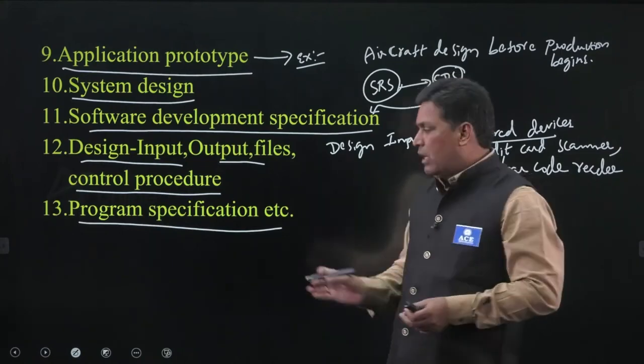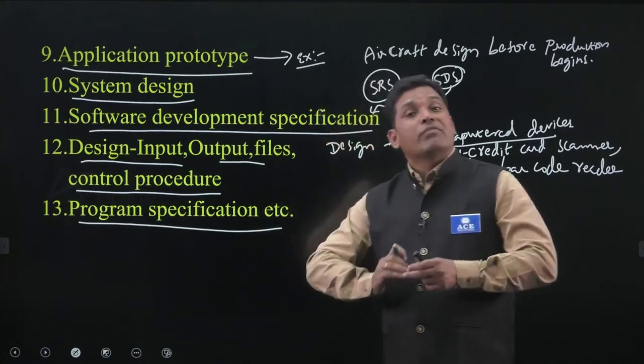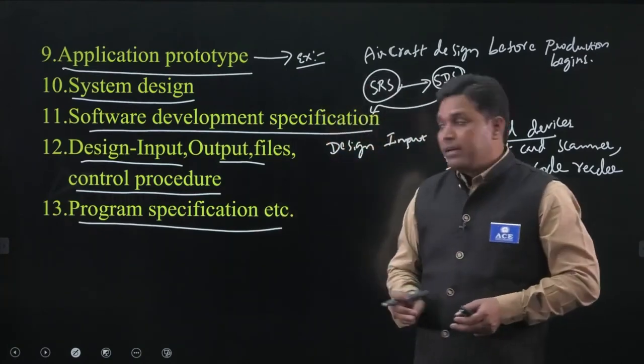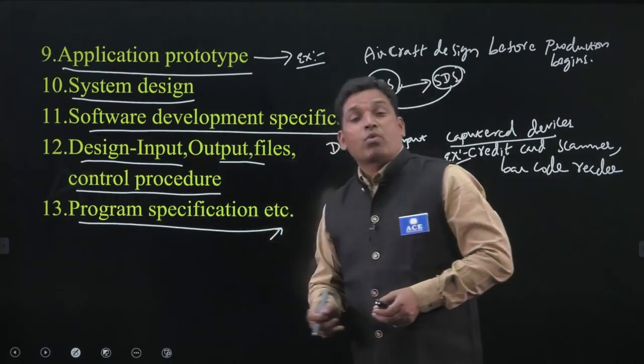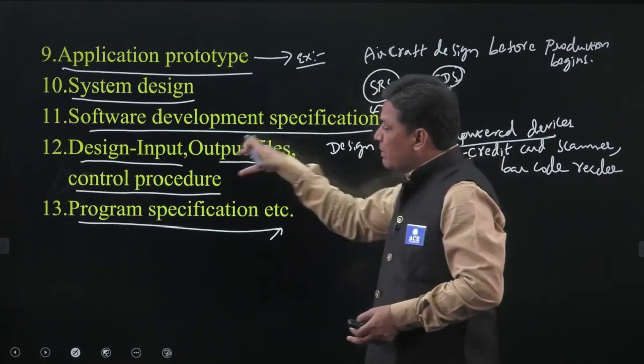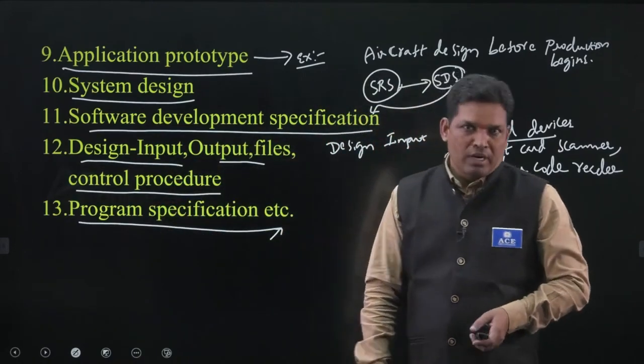The program specification consists of a precise statement, and it determines what that particular program will do. All those details will be specified in the program specification. That is the importance of program specification.